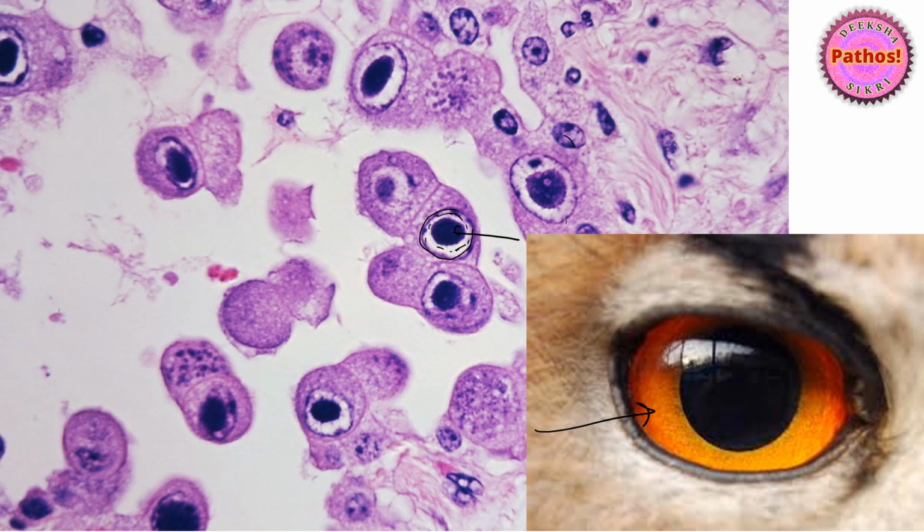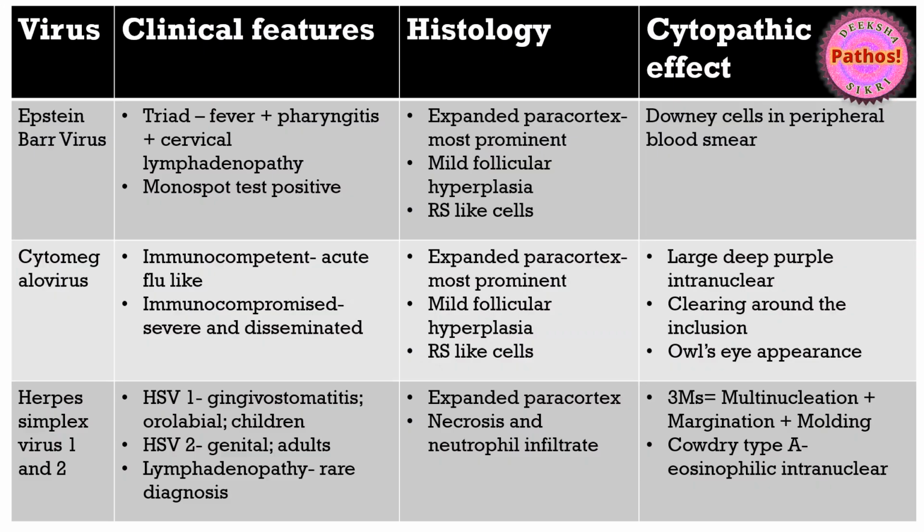You can see a single eye as well, and here the purplish inclusion is more in favor of CMV. When it is an RS cell, the inclusions are eosinophilic. They're quite pink, very eosinophilic macronucleoli that you see, and of course a double nucleus, right? So please don't mistake these for RS, and before you even see it, you're going to have a history and you would have already figured out this could be an infection.